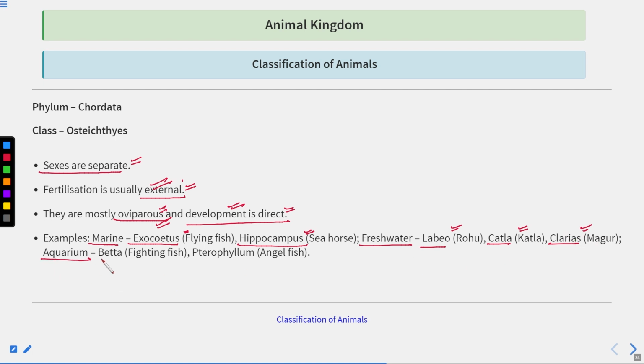Aquarium fishes include Betta, fighting fish, and Pterophyllum, that is also known as angelfish. So here you have understood how many types of fishes we have, right? They have very different features, though they are included in the same group, but they are very much different in chondrichthyes and osteichthyes.